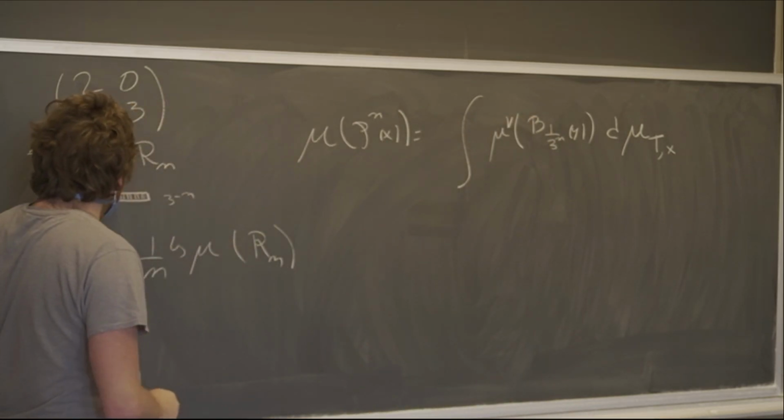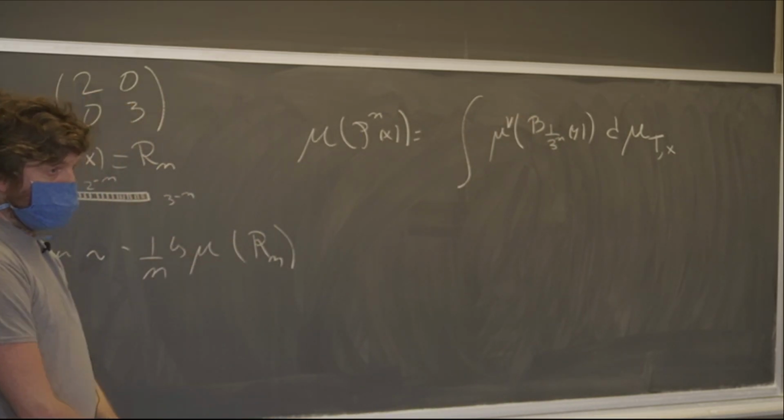So this is Rokhlin disintegration on this very small set, and that's what we get.